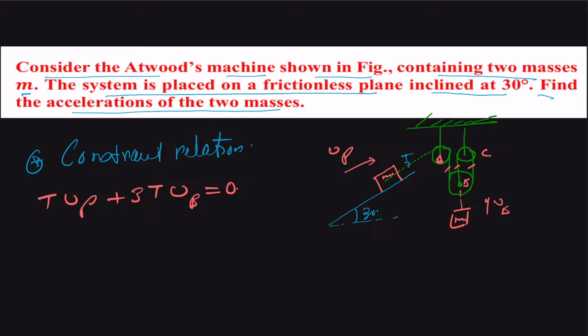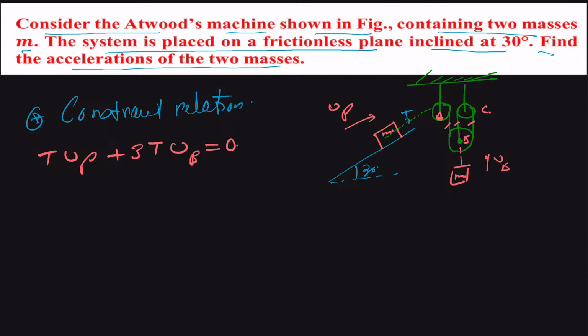And so we can write that V of P is equal to minus thrice V of B, or the acceleration of the mass on the plane will be equal to minus thrice the acceleration of B. So this is the constraint relationship between the accelerations.